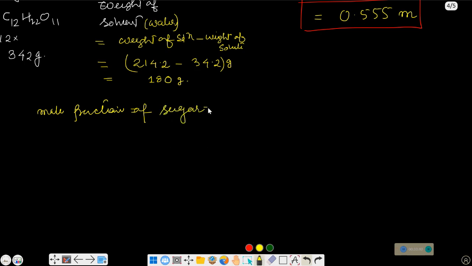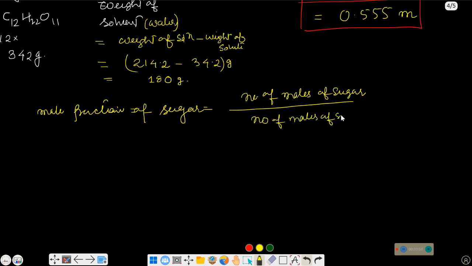Now the mole fraction of sugar, what is the formula? Number of moles of sugar, which we have already calculated, divided by the total number of moles, means number of moles of sugar plus number of moles of water.